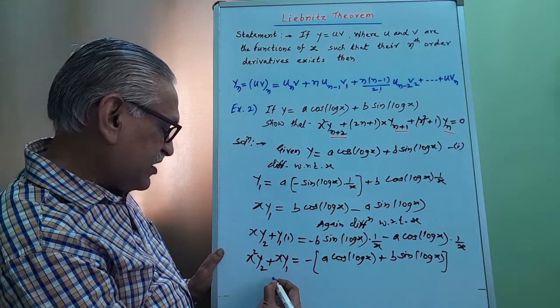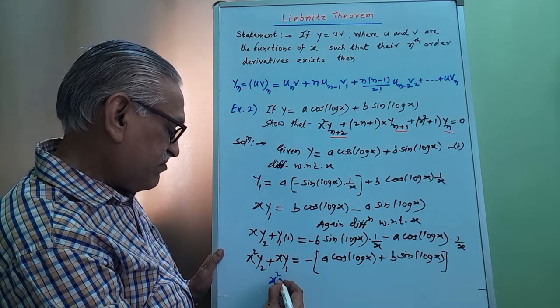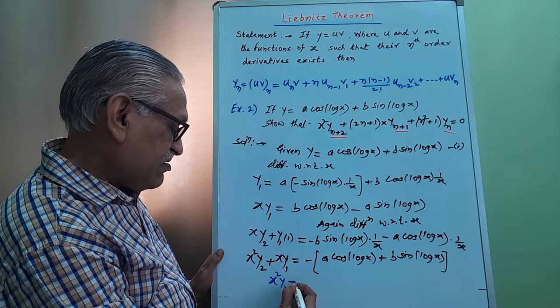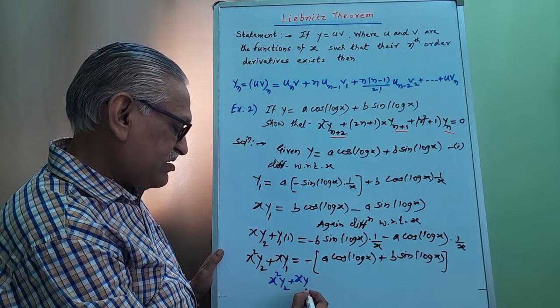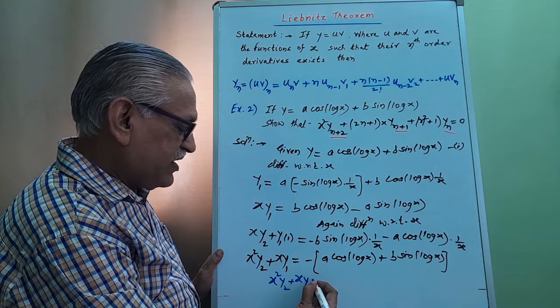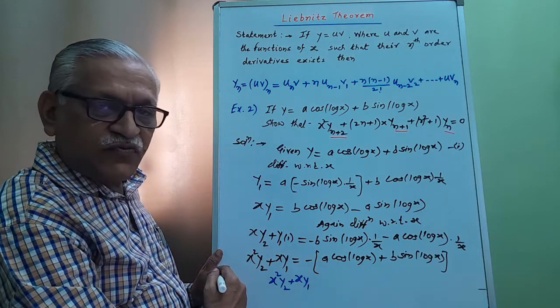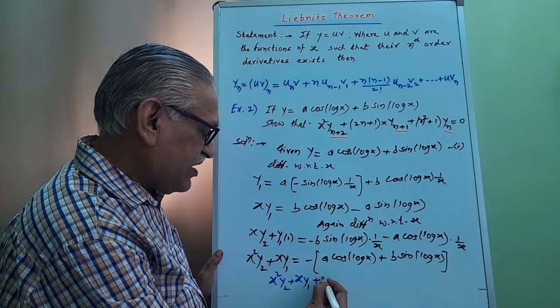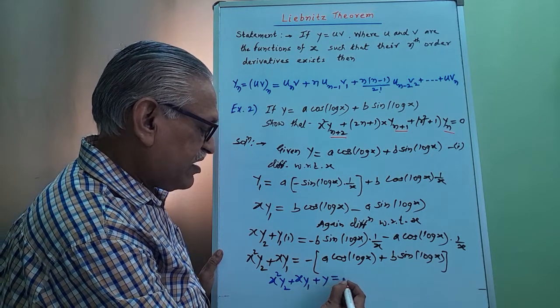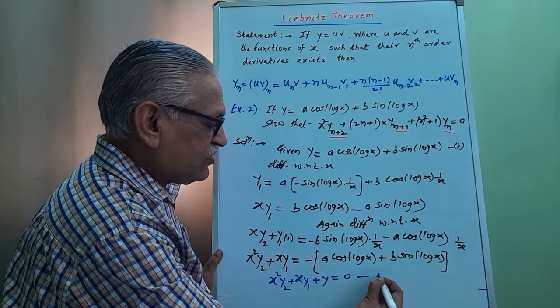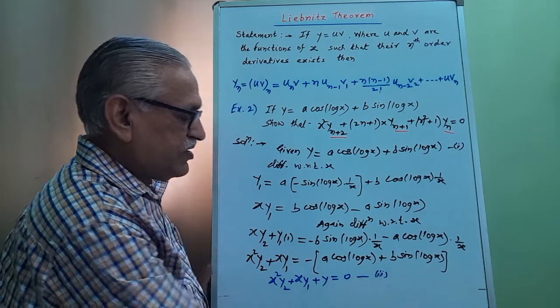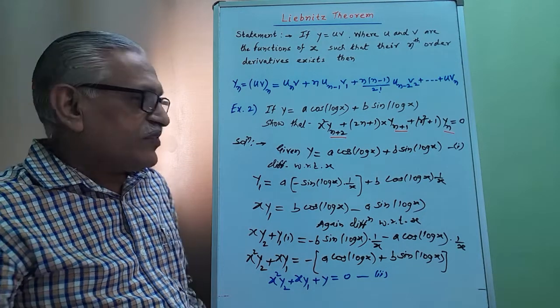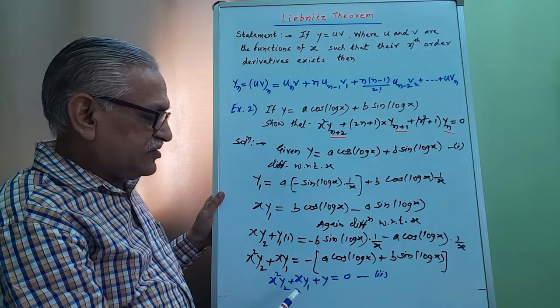It becomes x square y2 plus xy1 is equal to minus y, and if you transfer to the left hand side, it becomes plus y and is equal to 0. We call this equation 2. Therefore, this is the second equation.